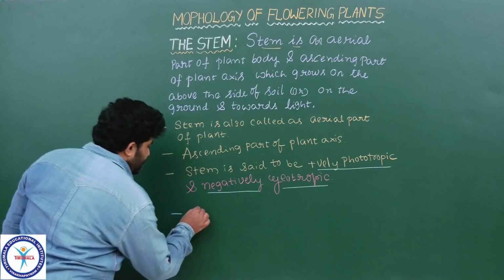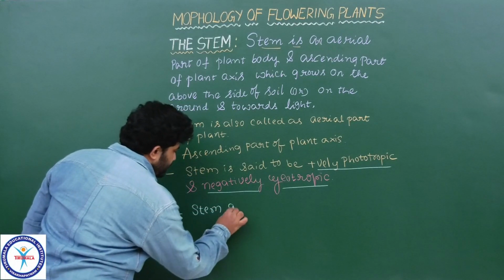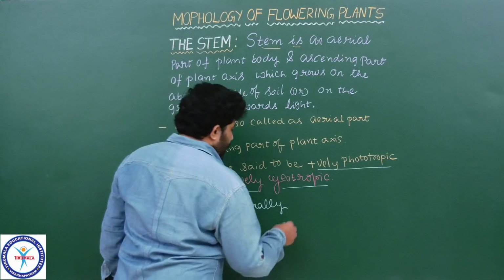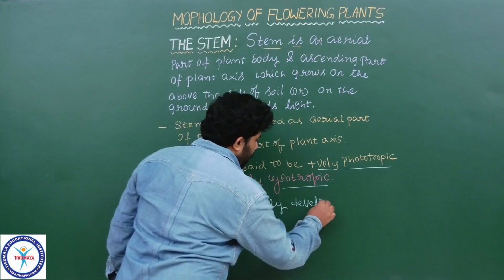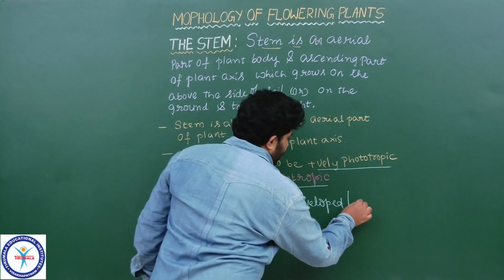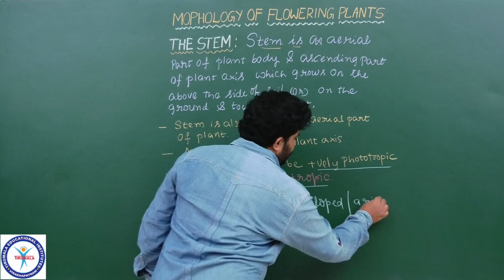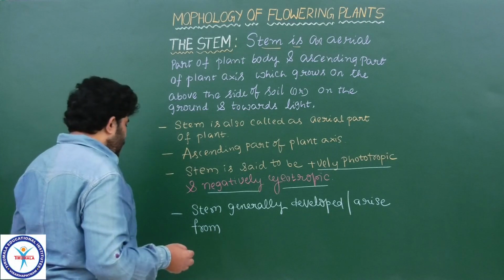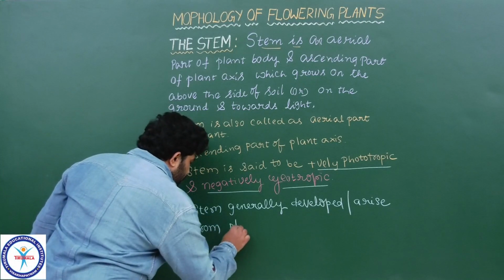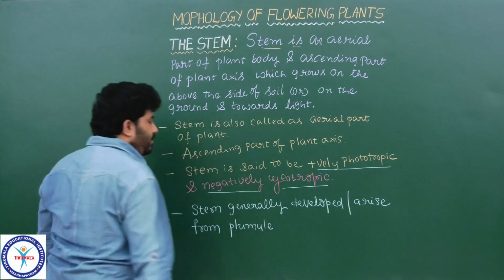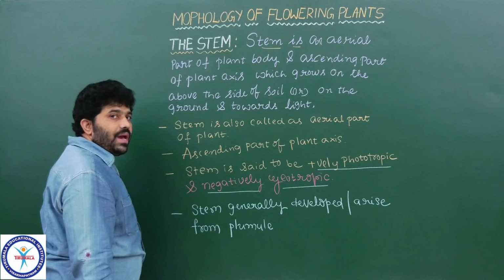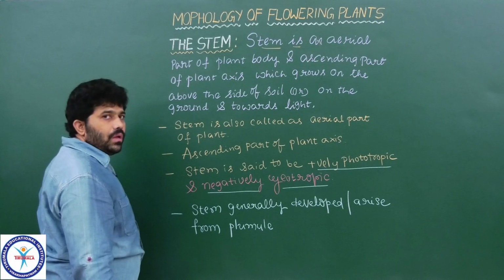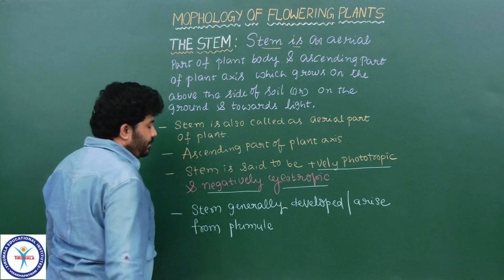Stem generally develops or arises from the plumule, the part we already discussed when we discussed the development of the root from the seed, hypocotyl and epicotyl, where we used this term plumule.